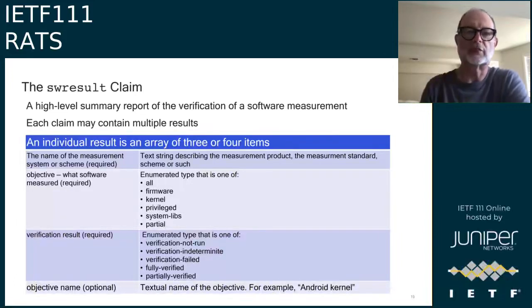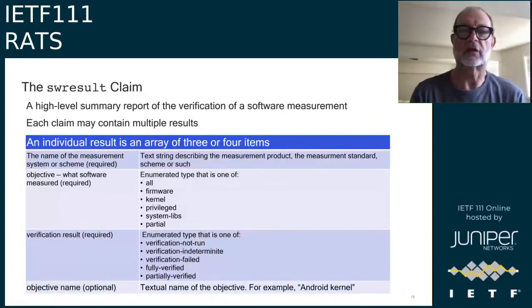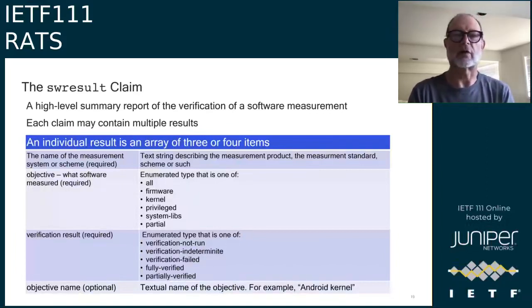Well, the way I would expect this to happen is that the verifier would receive attestation evidence that included things like the OEM ID and the version and information about the software and hardware versions and all of that.